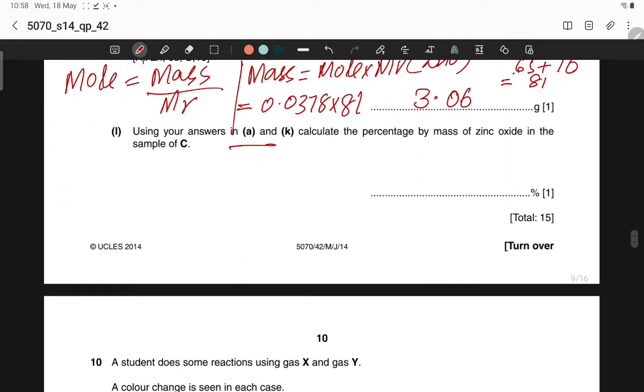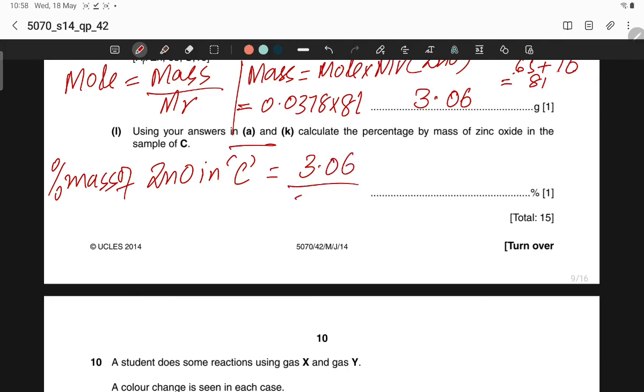So percent mass of zinc oxide in C is equal to 3.06 divided by 3.85 times 100. So this is equal to 79.48, so approximately it is equal to 79.5.